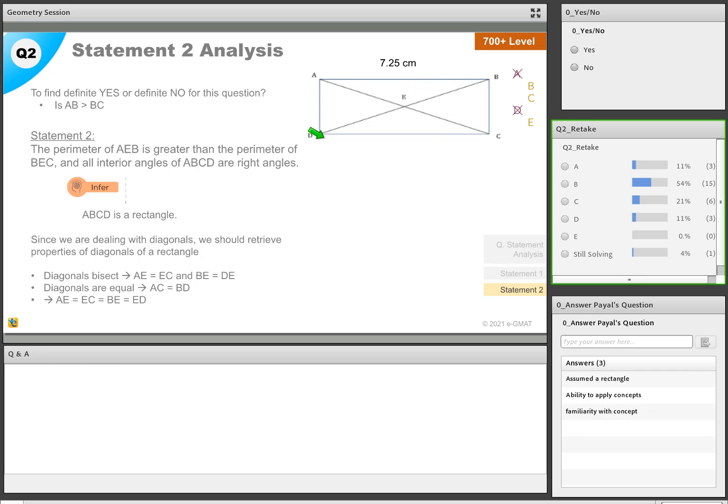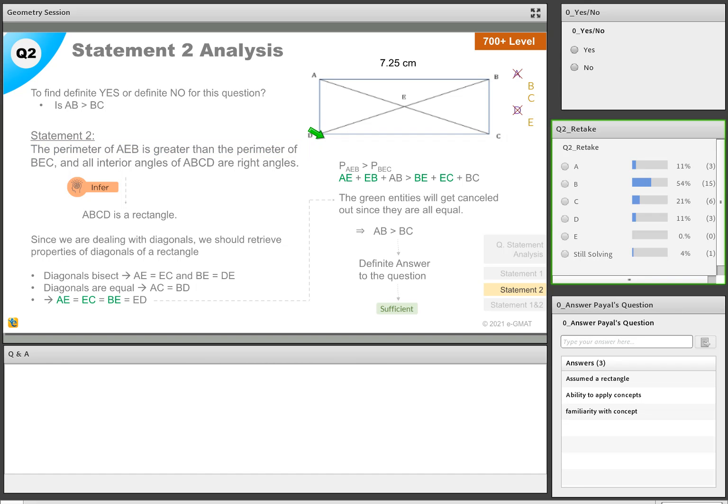And that's when you do the processing of the perimeter. When you're processing the perimeter, you write down your perimeter in the appropriate triangle segments. And then what you get is that your green entities will get cancelled out because they are all equal. And from there, you get to the point that AB is greater than BC, which means that statement 2 is sufficient.